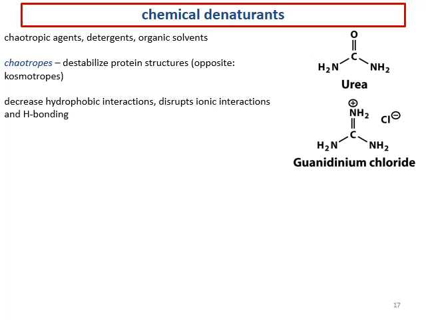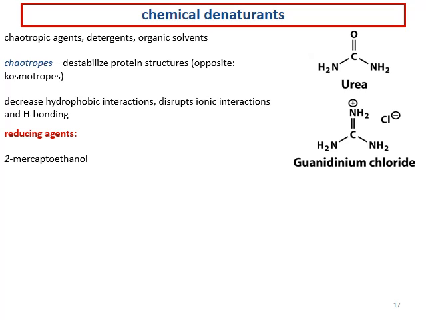Of course, pH is a chaotrope in the regard that it can disrupt ionic bonds as you change pHs, and detergents can act as disruptors of hydrophobic bonds, as can some of the organic solvents like butanol, for example. So there are several types of chaotropes. Two of them are depicted here on the right, urea and guanidinium chloride, which both are hydrogen bond disruptors.